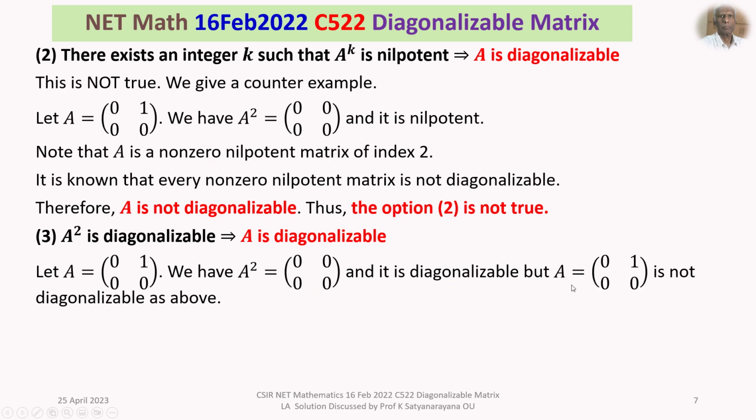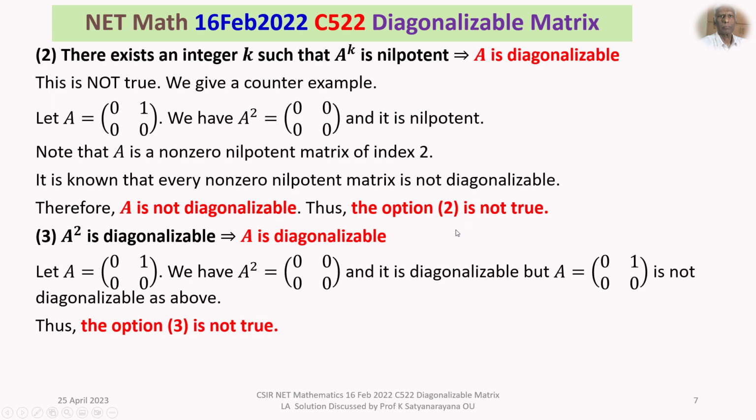Whereas A is not diagonalizable because it is a non-zero nilpotent matrix of index 2, and we know that every non-zero nilpotent matrix is not diagonalizable. Hence A is not diagonalizable as above. Thus option 3 is not true. That means option 3 does not imply A is diagonalizable.